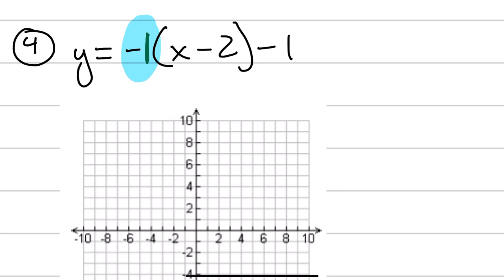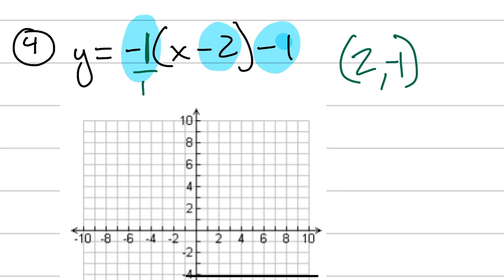And we're going to put 1 over 1, because that is what we're going to need to make that our slope. All right, so then we have a -2 and a -1 for our H and K. So when we put those into our point, we have a -2, so I need to change that to the opposite. So I'm going to do a +2 in here, and then -1 stays the same.